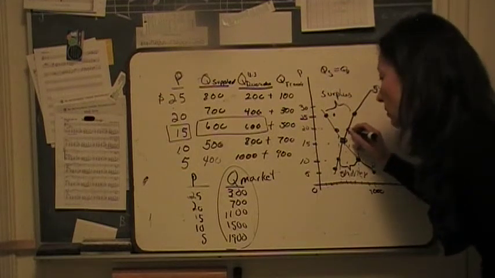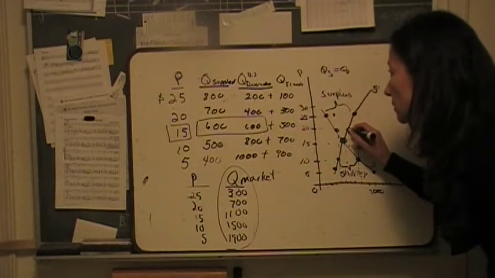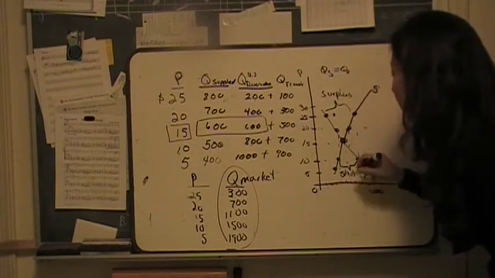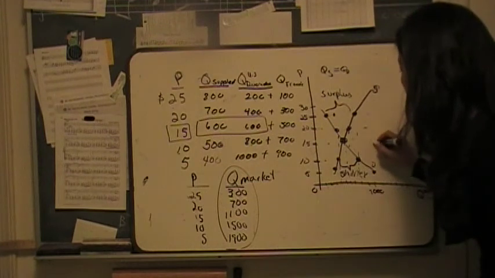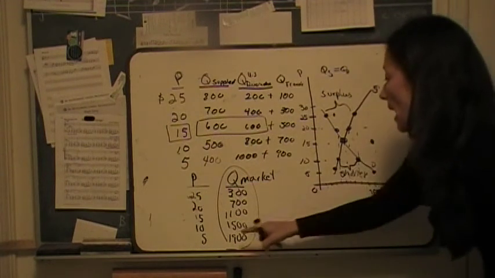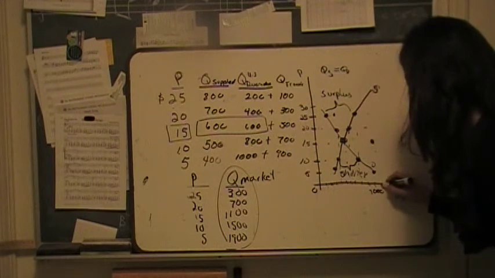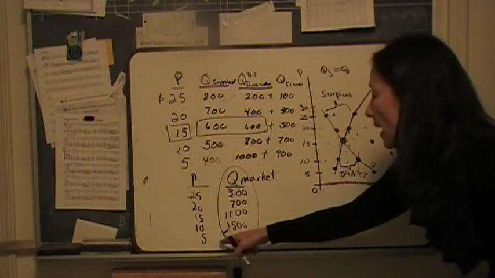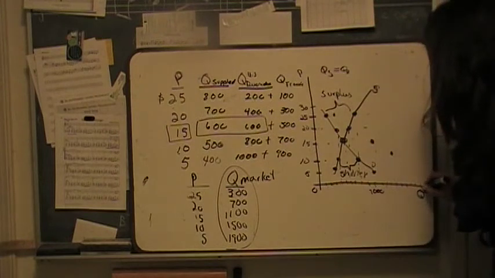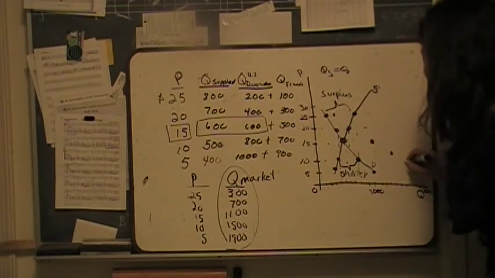At $20, okay, going to end up right there. At $15, 1,100 pounds are demanded. At $10, 1,500 pounds are demanded. And at $5, 1,900 pounds are demanded.